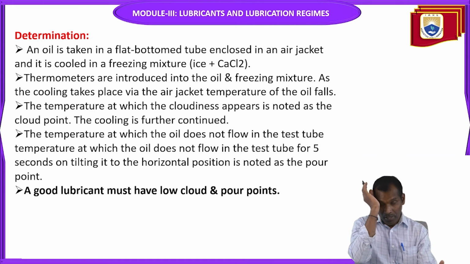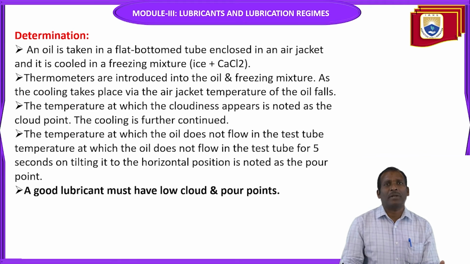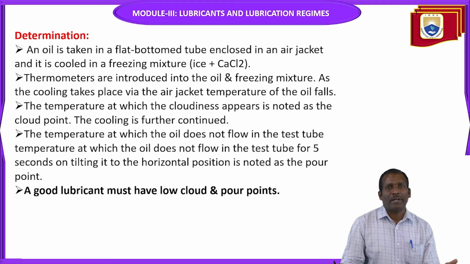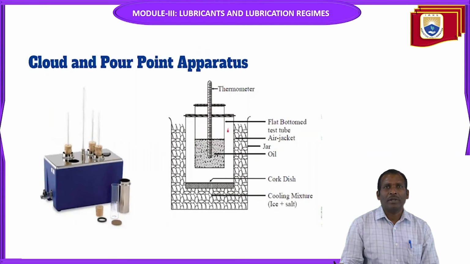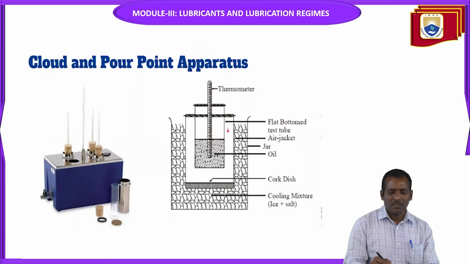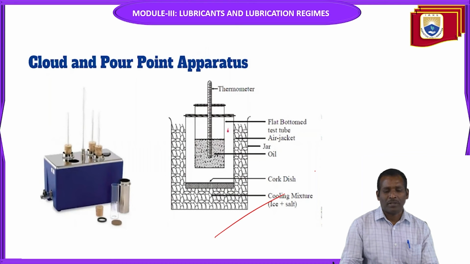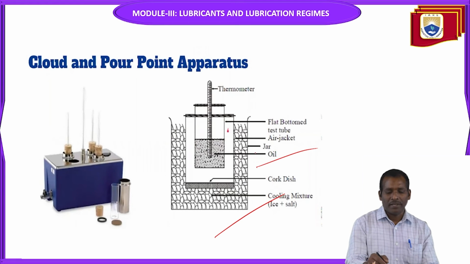I will show you the diagram. By using this apparatus, you can determine the cloud point and the pour point. A good lubricant must have low cloud and pour points. See, in this cloud and pour point apparatus, the thermometer is used, and here is the oil, and this is a container or jar.